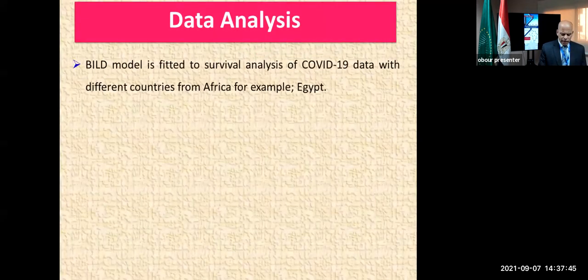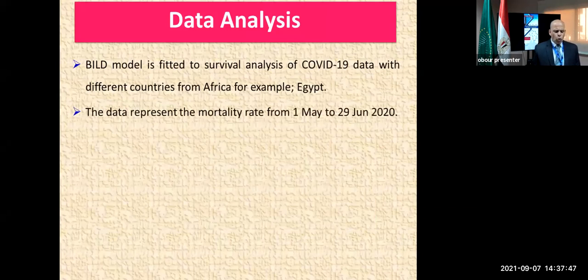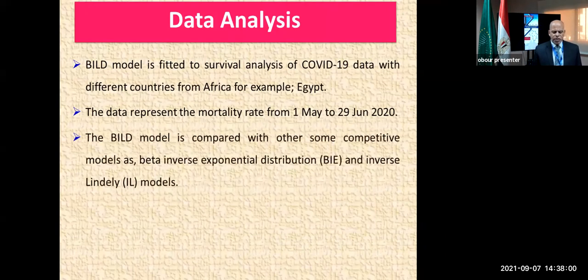For the data analysis, the beta inverse Lindley model is fitted to survival analysis of COVID-19 data from different countries in Africa, for example, Egypt. The data represent the mortality rate from 1 May to 29 January 2020.